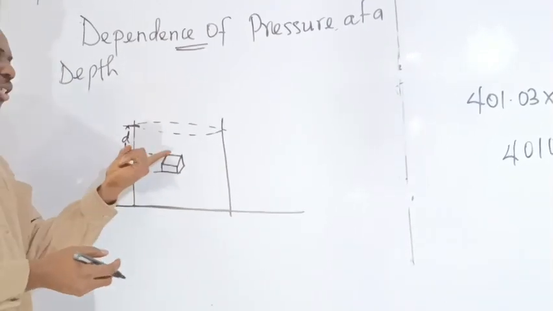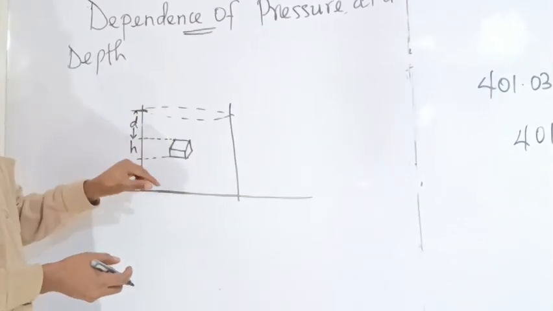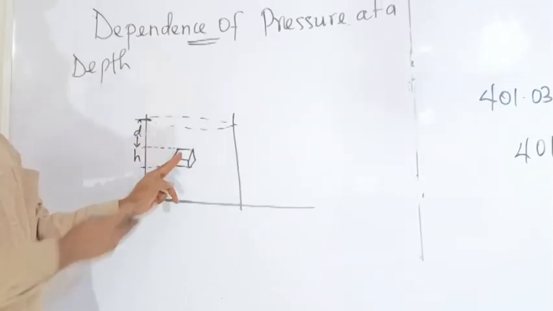So clearly the pressure at the top of this object is no longer 1 atmosphere, it's submerged. So it's 1 atmosphere plus the weight of the fluid just right above it.